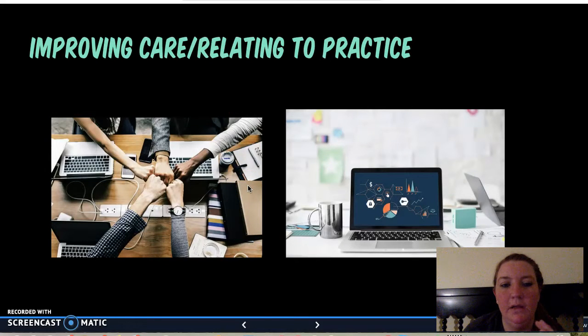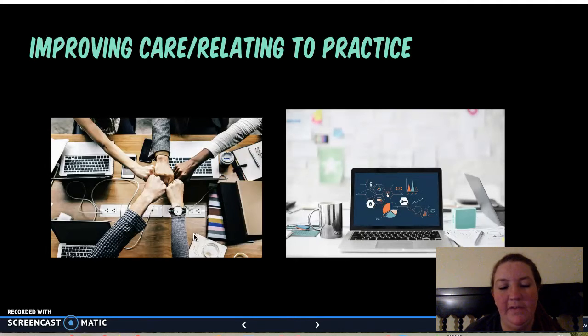So improving care and relating this to practice. I think this picture on the left really explains it well for me. This is everyone teaming together with technology and with data to do everything we can to improve patient care. So collecting the data, looking through these data sets, standardizing this, coming together just to really work.